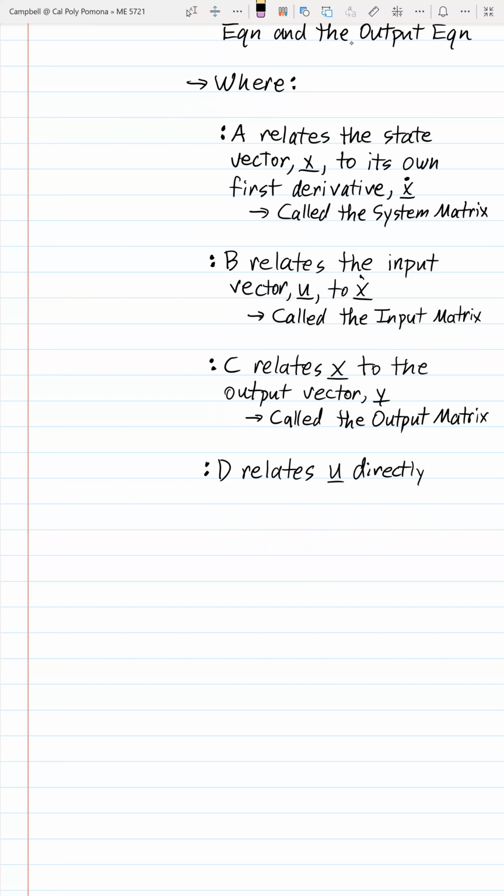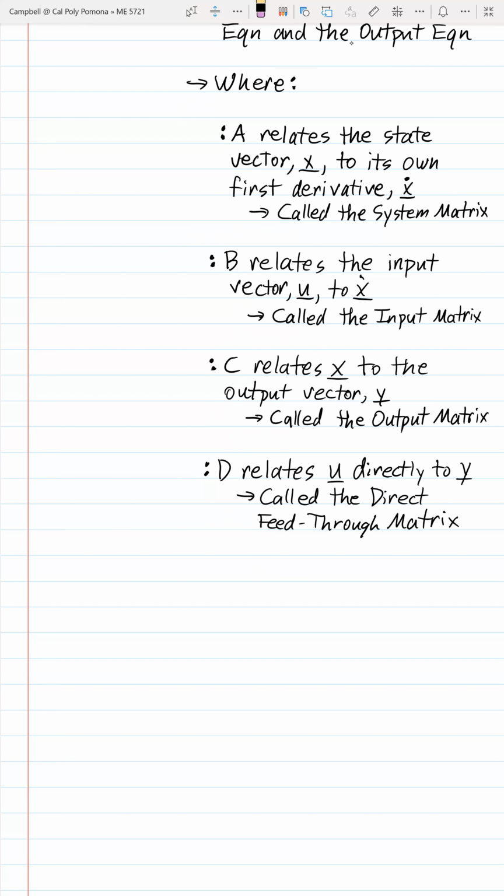And the key here is directly. To Y. This is called the direct feed-through matrix.